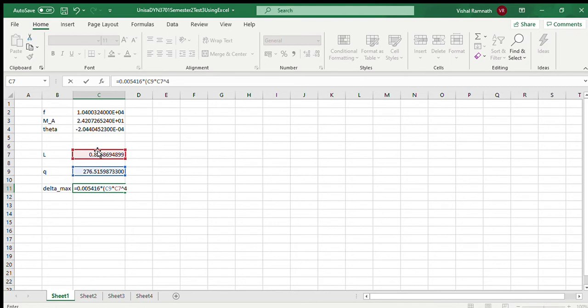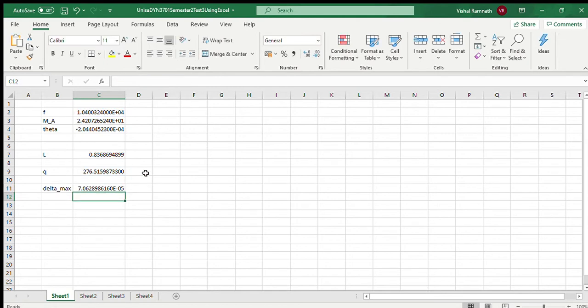If you're getting confused and you don't understand how things work, you can just use another bracket and then put L to the 4th power, close it, and then divide it by F. So you can always use any amount of open and close brackets if you don't understand the syntax of how the program will calculate it. So that's the delta max, and then we want to work out the value for theta b.